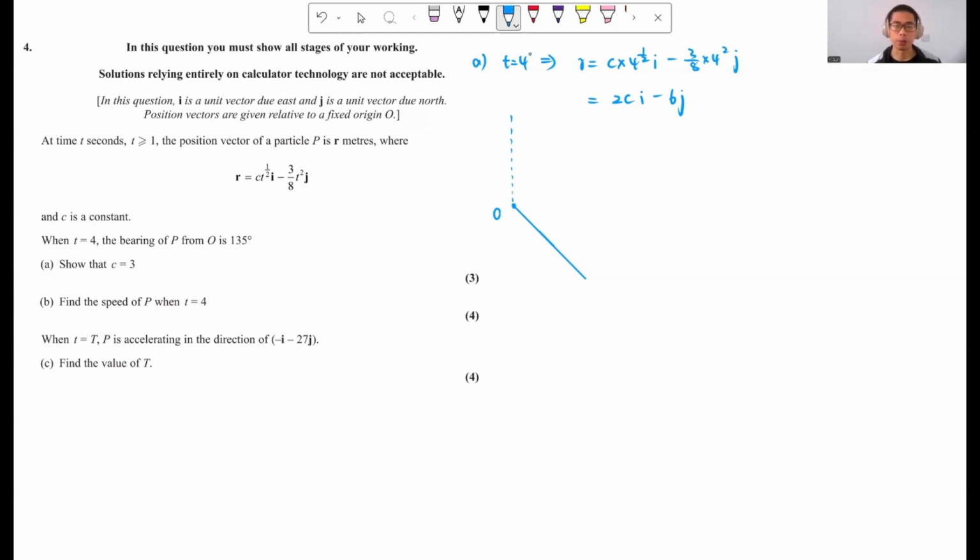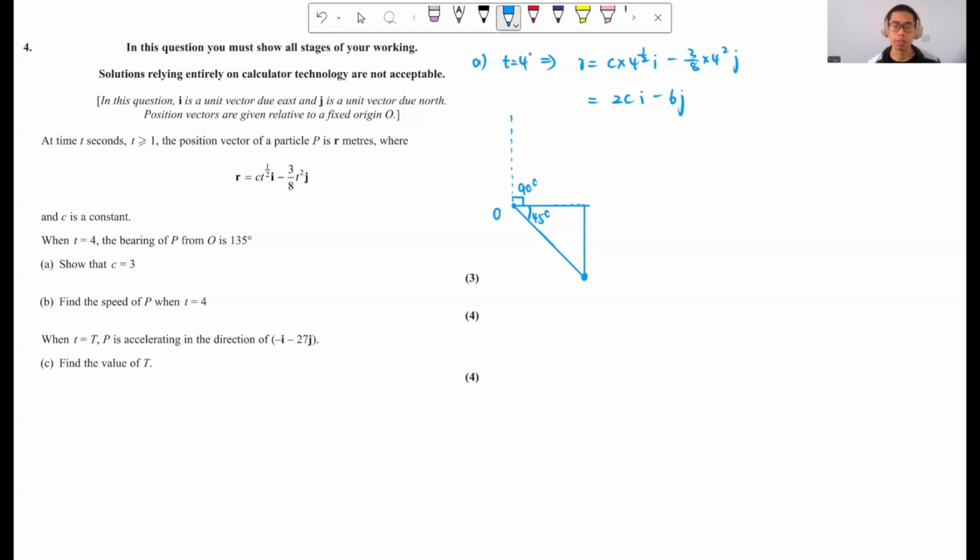Therefore, if we resolve it into one horizontal and one vertical, we know this is 90 degrees and the bearing is 135, so the big angle is 135. That means the small angle here has to be 135 minus 90, which is 45 degrees.